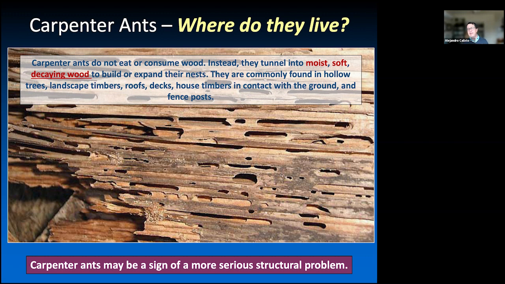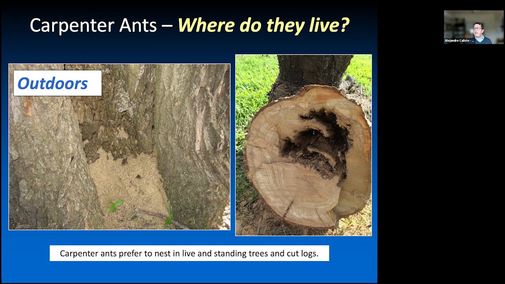So remember, these ants don't eat wood, but they use wood materials that are in decomposition or wet for building a nest. So you can find those colonies outside. They really like to live in trees that have holes or are weak and about to die.